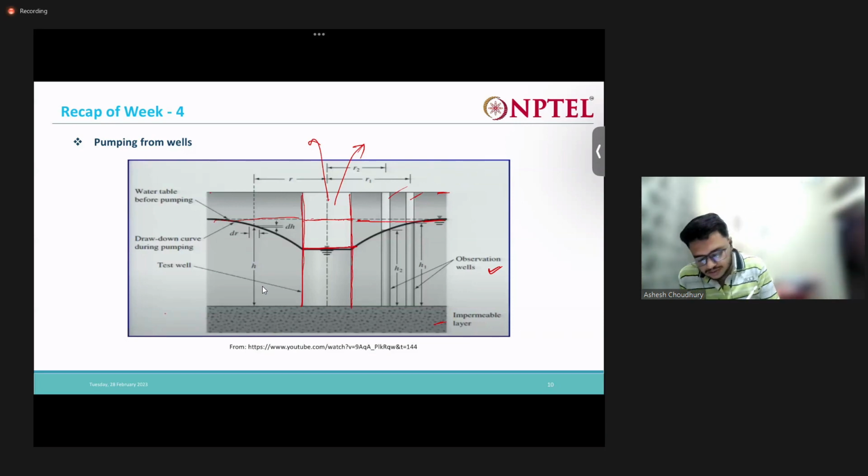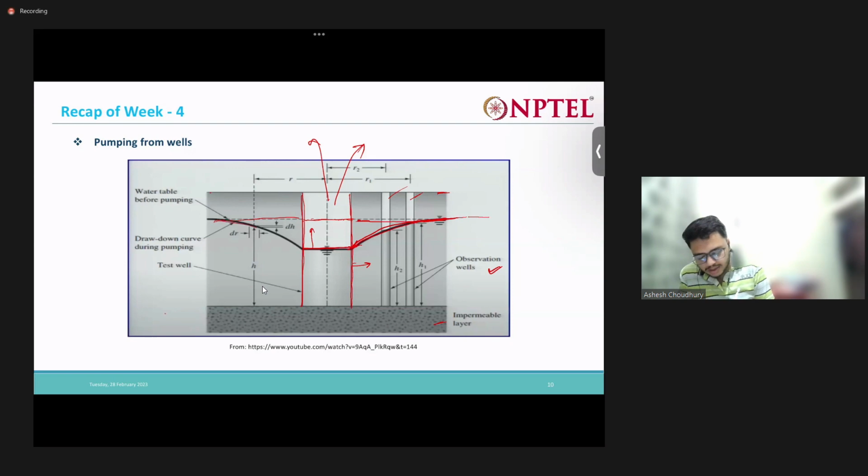So what is actually happening inside is that we are pumping out water from the main well, and the water forms a curve like this, known as the drawdown curve. When there is pumping, as we go further away from the main test well, the water level reaches the main water table height, but as we come near the test well the water level reduces.